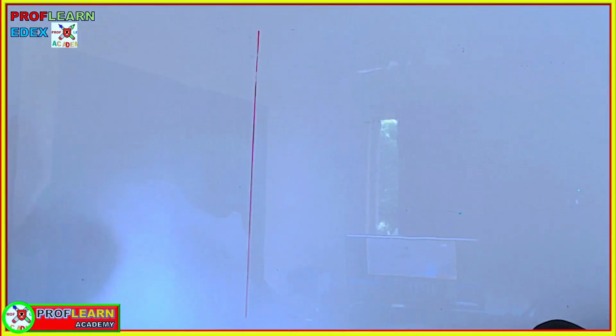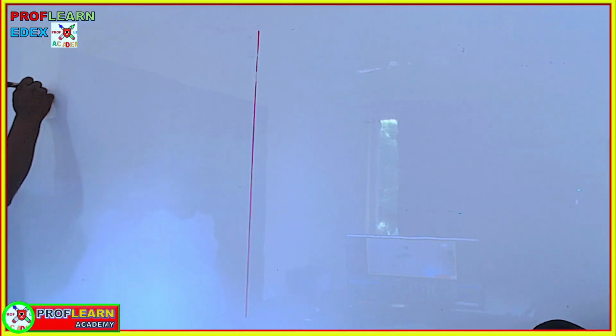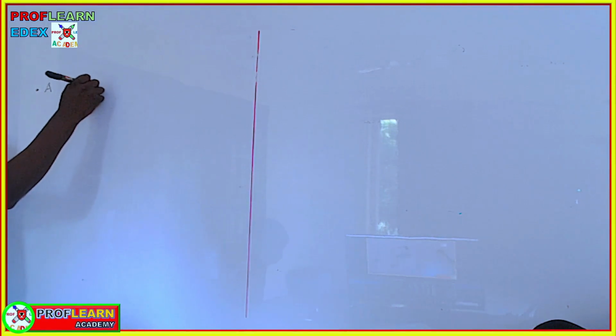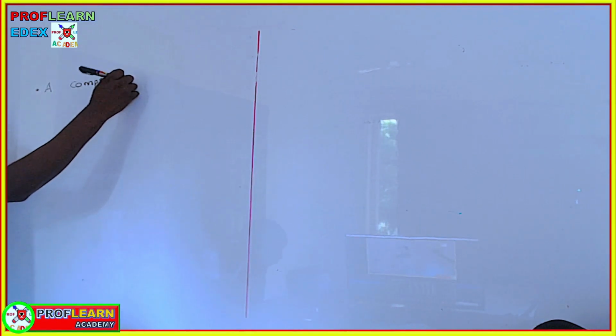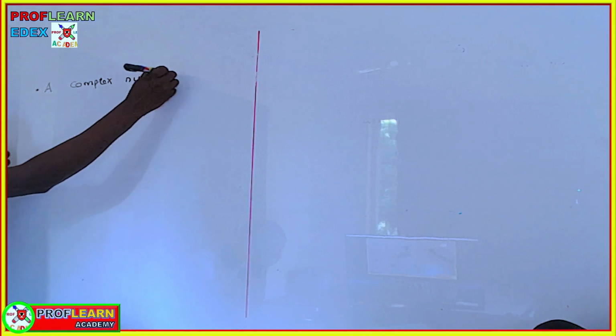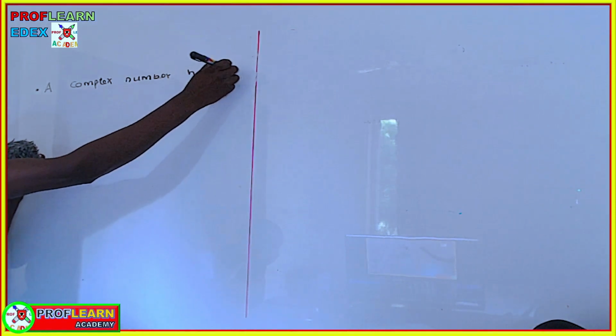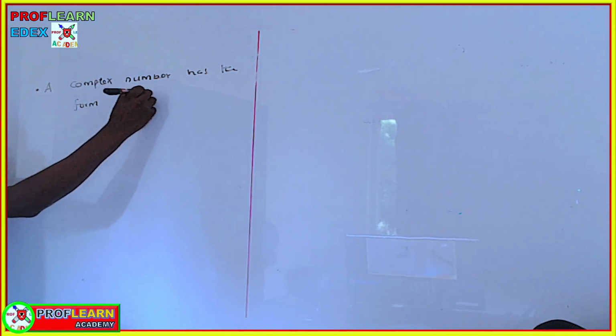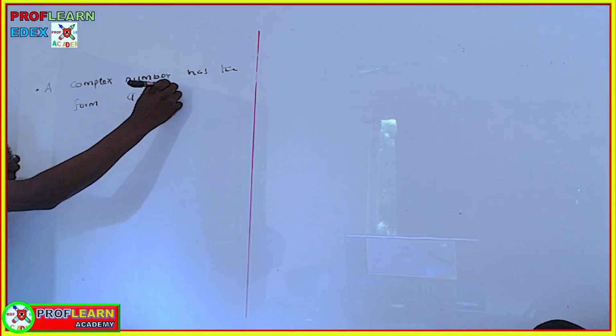So to begin with, we are going to define what we mean by a complex number. So we can say that a complex number has the form a plus bi.